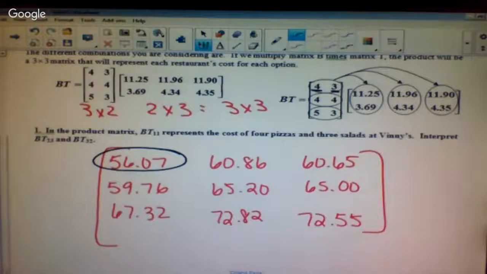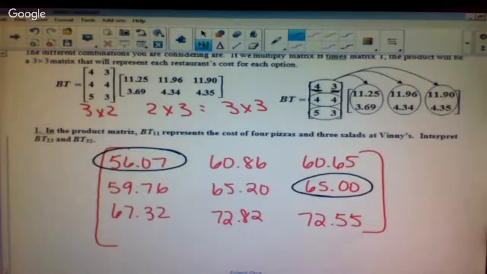What does BT sub 23 represent? First off, what number am I looking at if I'm at BT sub 23? Row 2, column 3. So we're at $65. What does that represent? Wait, hold up.